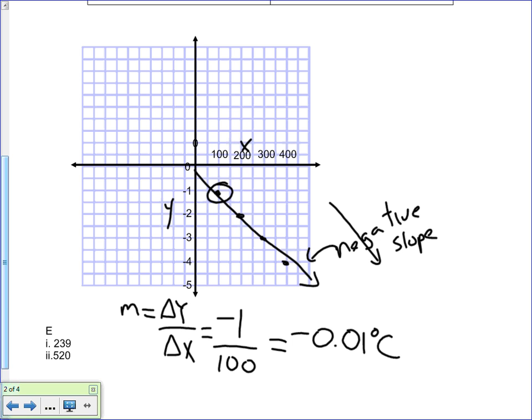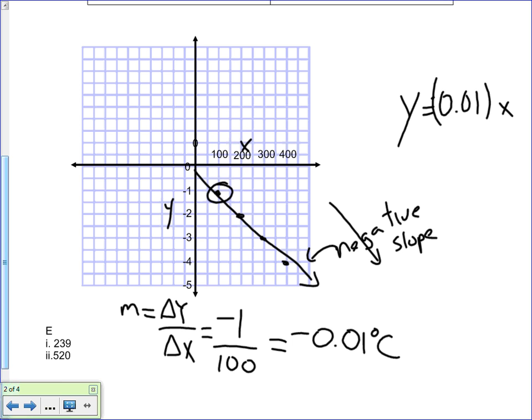Remember, our equation is going to be y, so to find the temperature, it's equal to our slope, which is -0.01, times x. Okay, and so that's our equation for our line.